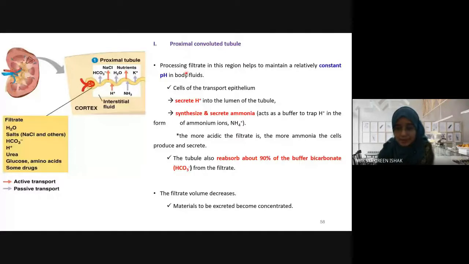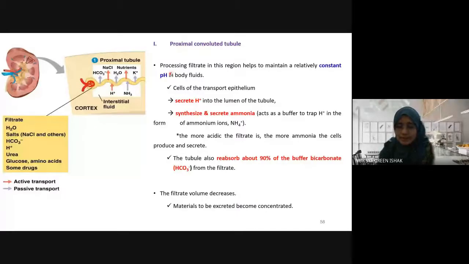Okay, blood pH. And body fluids lah. Body fluids can be your blood, your lymph and also your interstitial fluid. So those are your body fluid, blood, interstitial fluid and lymph. Okay, body fluids. So you know that the normal pH for your body is 7.4.